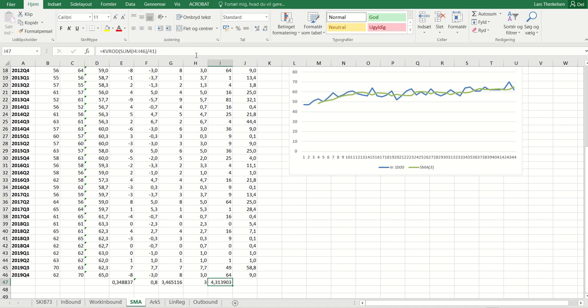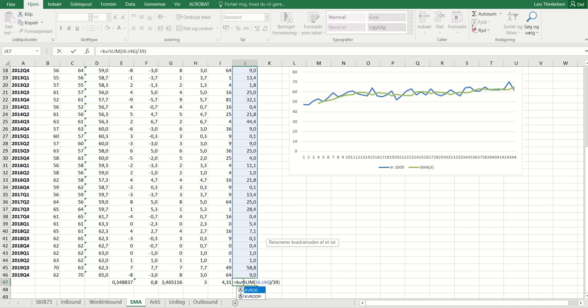The square root of that one is 41, a few less here. And we're going to take the same thing here. We're going to take the sum of them, and divide this one by 39, and take the square root of that too. That's 41 observations minus 2 is 39. So 3.7. Again, it seems as if there are fewer large errors.